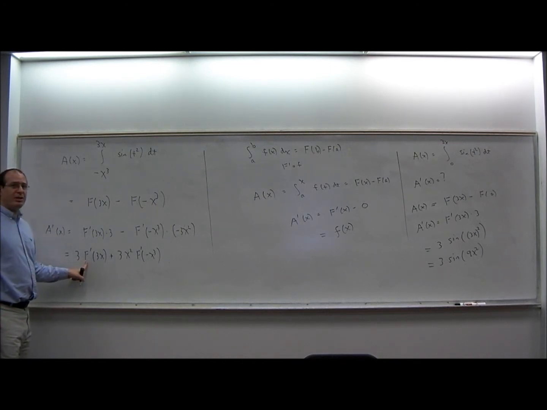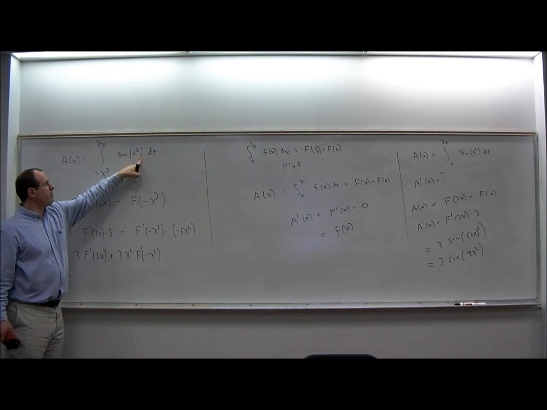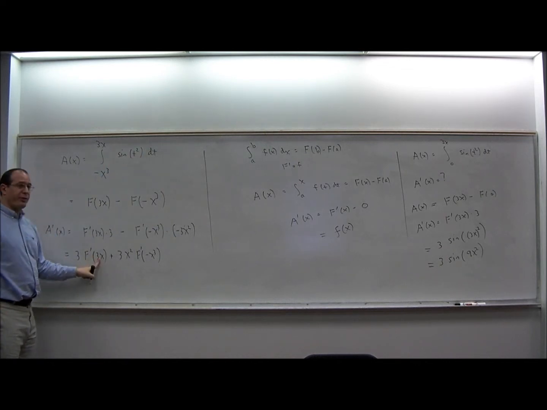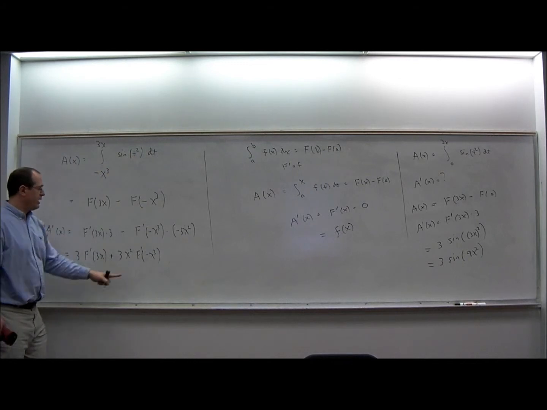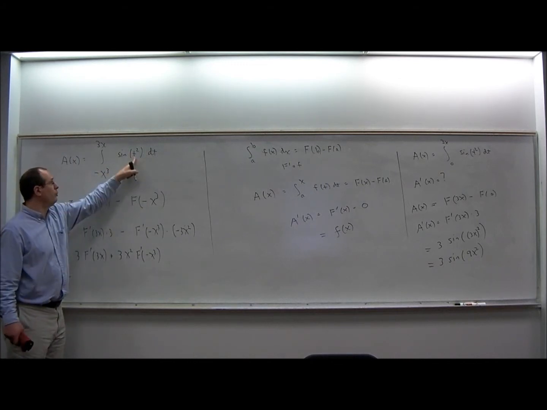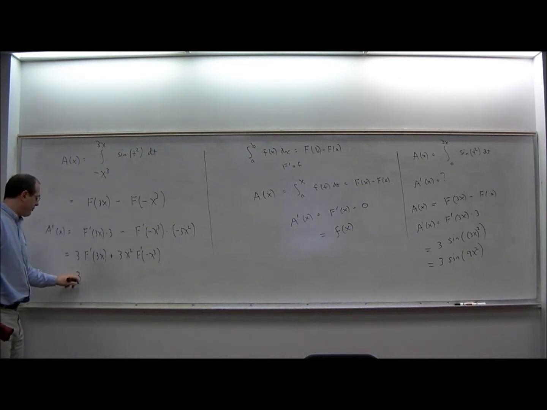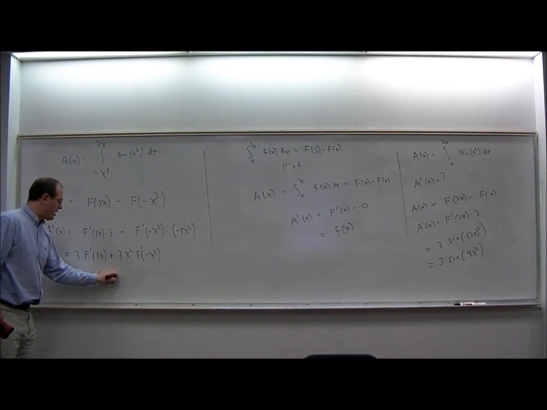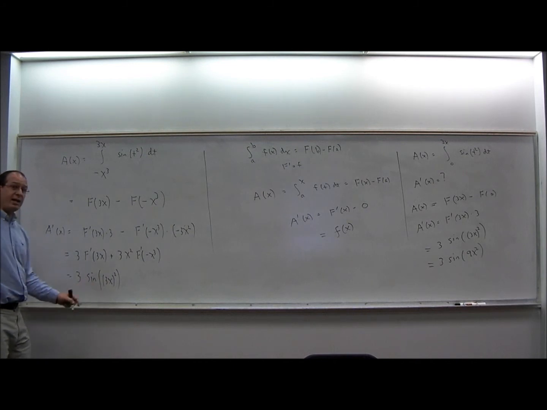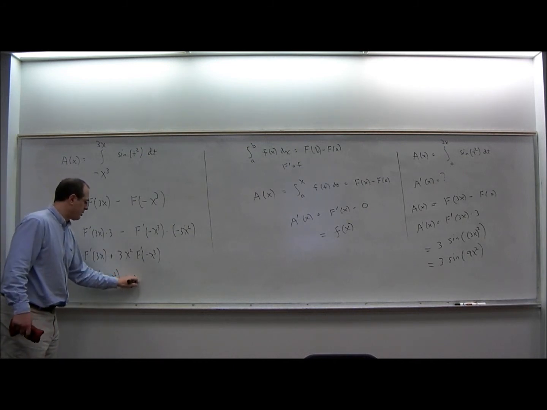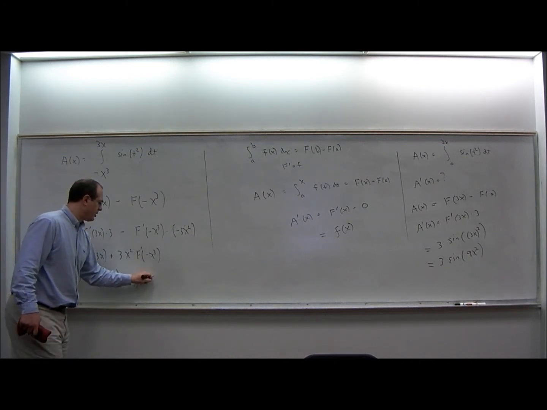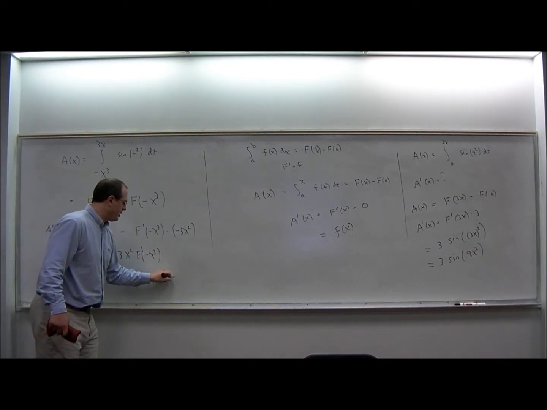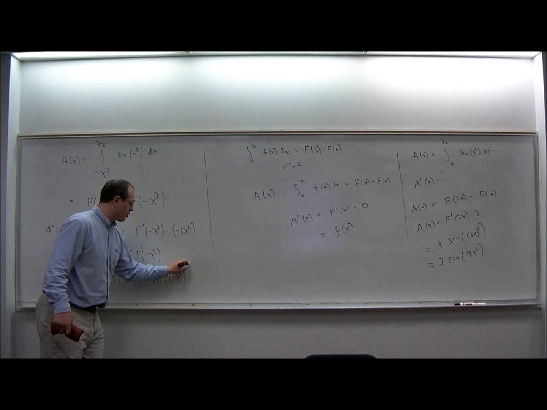And now what is capital F prime? Capital F prime is this function right here, the sine of t squared. So we have to put 3x in for t, and in this part we have to put negative x cubed in for t. So we have 3 times the sine of 3x squared instead of t squared, plus 3x squared times the sine of, instead of t squared, negative x cubed squared.